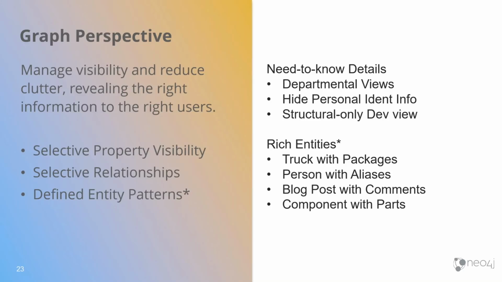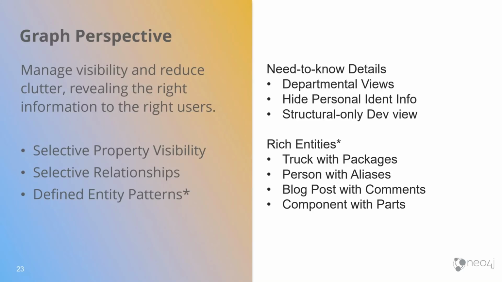So now let's talk about these perspective ideas. This is pretty cool. Graph perspectives allow us to manage the visibility of what a user is allowed to see or not see inside the graph. So it reveals the right information to those right users. So there's need to know details, like if I'm looking at my organizational structure, I can create departmentalized views. I can, as I mentioned before, mask PII data.